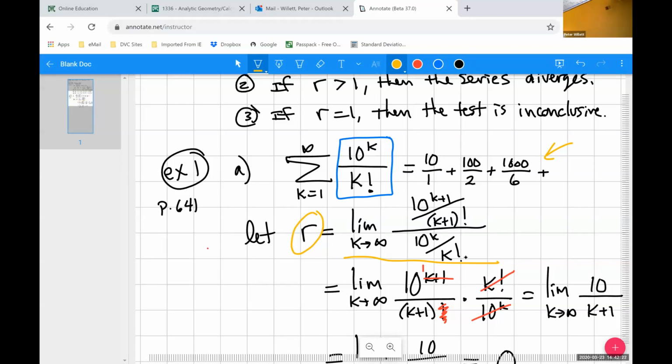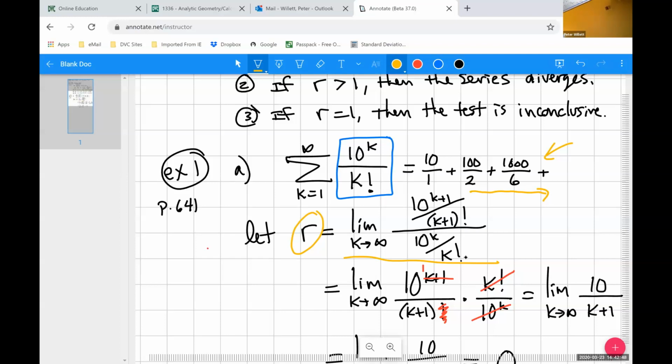Because these terms were getting larger, but they would only do that up until you got to the 10th term. After the 10th term, as k goes up in the factorial, you're taking what you had before and multiplying it by a new number that's bigger than 10, like 11, 12, 13, 14. Whereas on the top, as k continues to go up, you just keep multiplying by another 10.